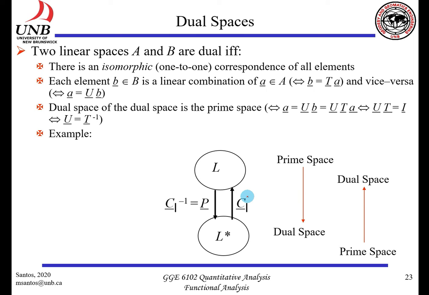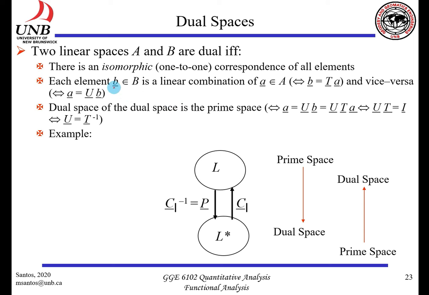Let's talk about commutative diagrams. We need to introduce the idea of dual spaces. Let's consider two linear spaces A and B. They are going to be dual if there is an isomorphic correspondence of all elements, which means each element in A corresponds to only one element in B, and vice versa.